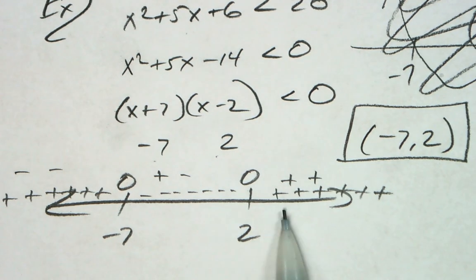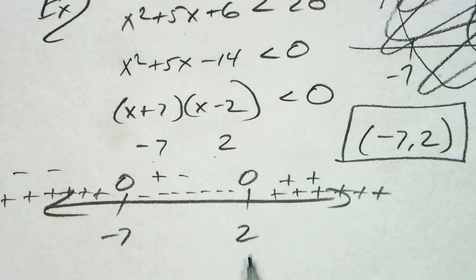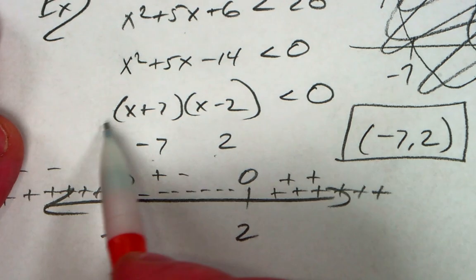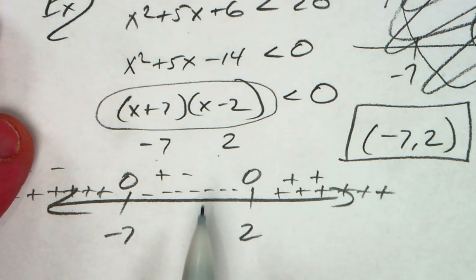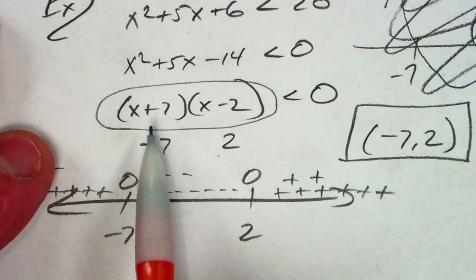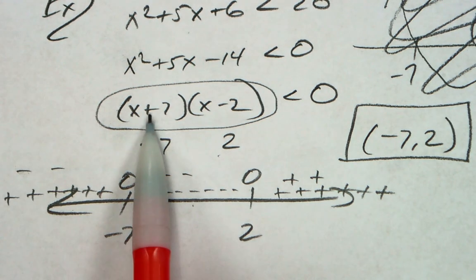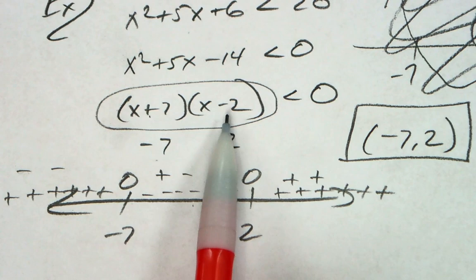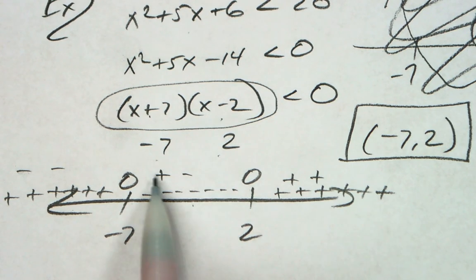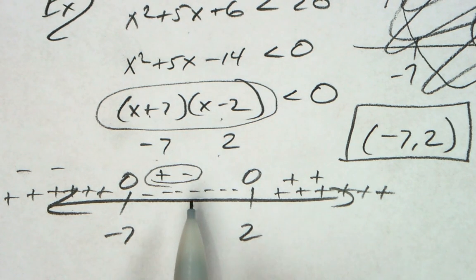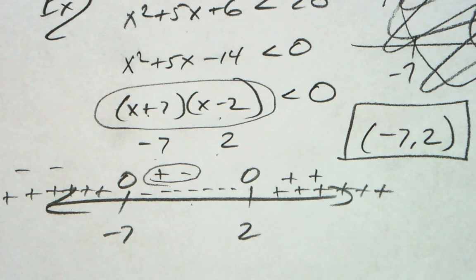It's going to change from positive to negative because x minus 2 just happens once. Because what I'm doing here, Colby, is I'm figuring out what can I plug in. If I plug in 0, I get here a positive, and here I get a negative. A positive times a negative, that's where I'm getting my negative. And that's what you've got to do. Okay? Good.